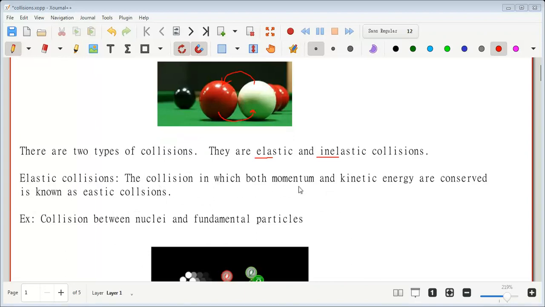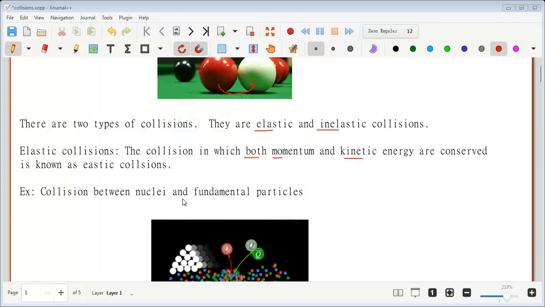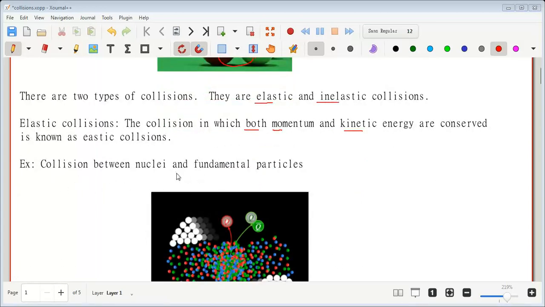Elastic collisions. The collision in which both momentum and kinetic energy are conserved is known as elastic collision. The example is collision between nuclei and fundamental particles.